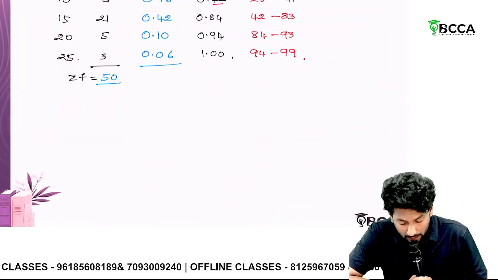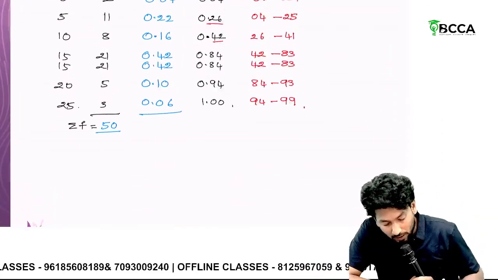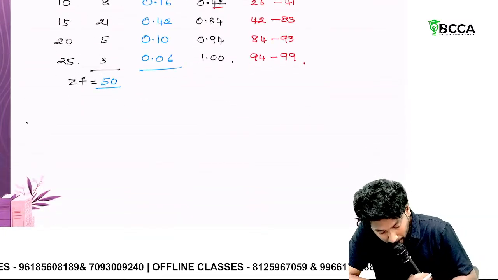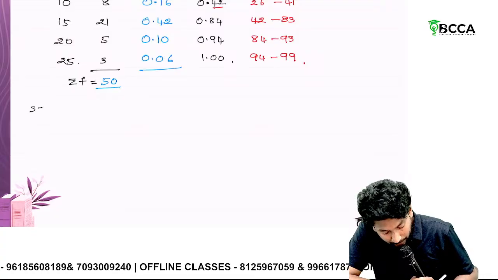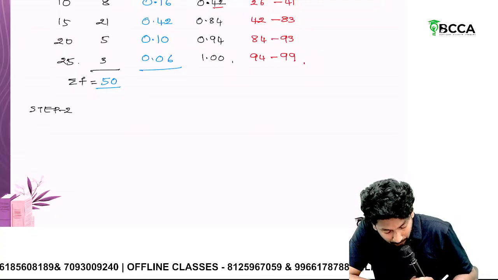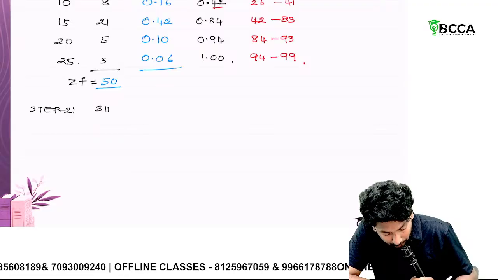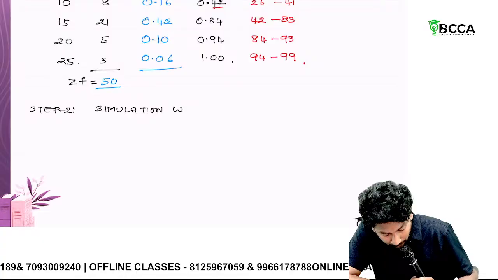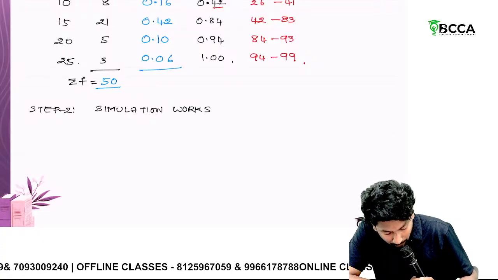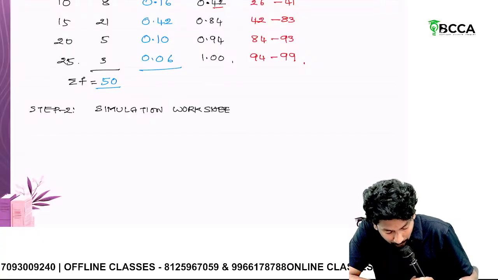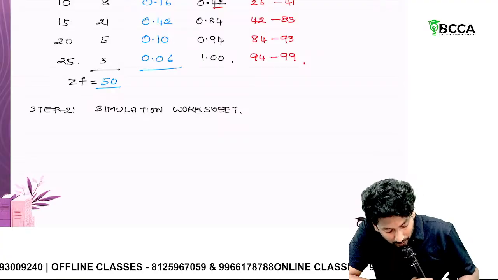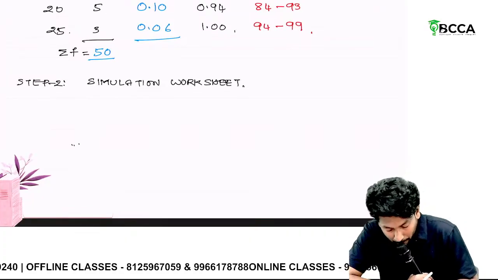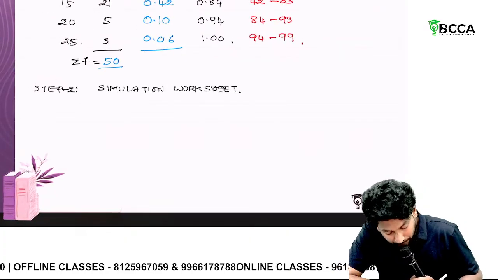So next we have to do what, sir? Step 2. What is our step 2? Step 2, simulation worksheet. In this particular table, we first have to take random numbers.